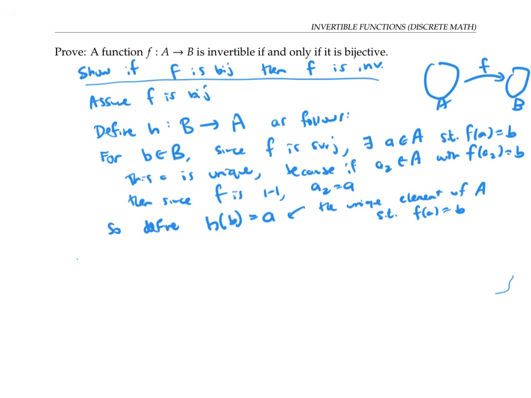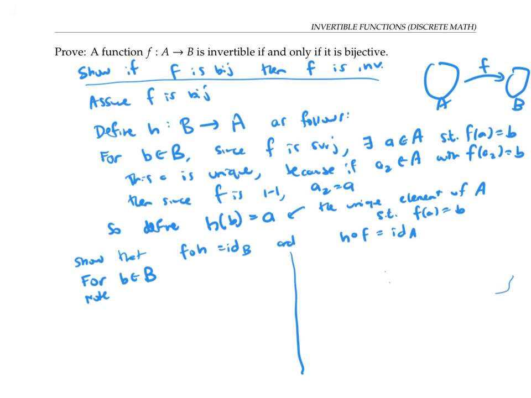So now we need to check that f composed with h is the identity function of B, and h composed with f is the identity function of A. For the first part, for a little b in B, recall that h of b is the unique a in A such that f of a equals b.